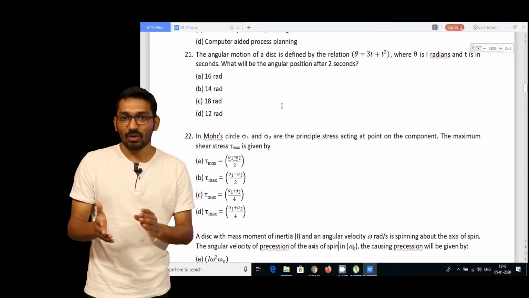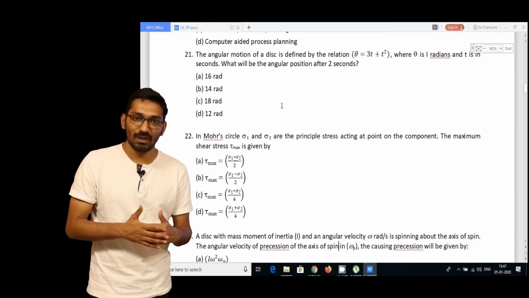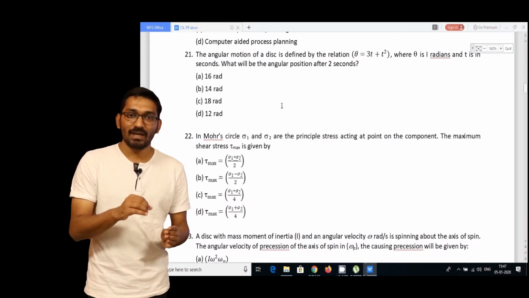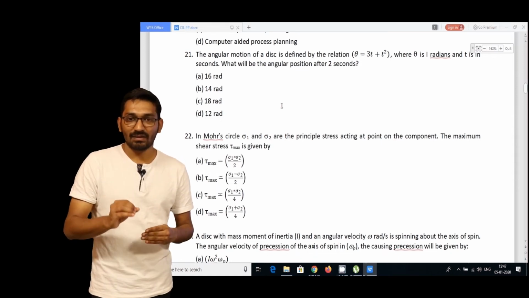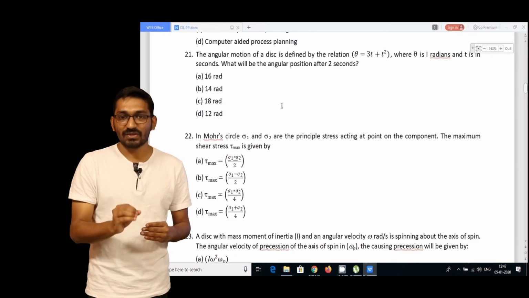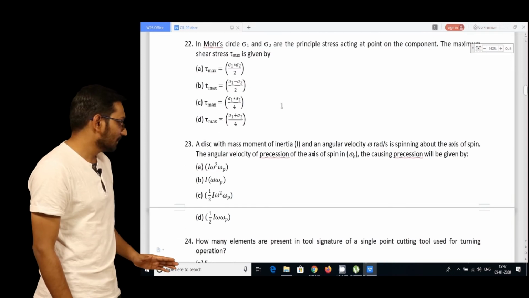And the maximum shear stress planes are those planes at which your shear stress is maximum, but at that plane your normal stress will not be 0. So the normal stress at the maximum shear stress plane will be given by the x coordinate of the center of your Mohr circle. You just remember this.